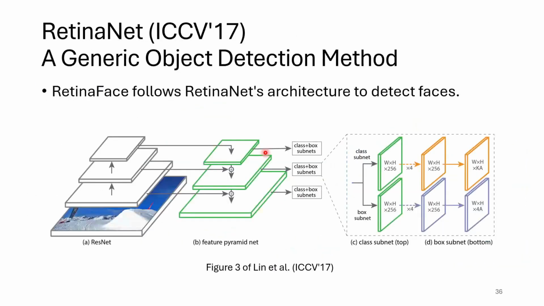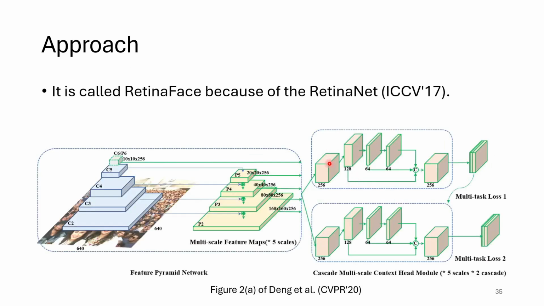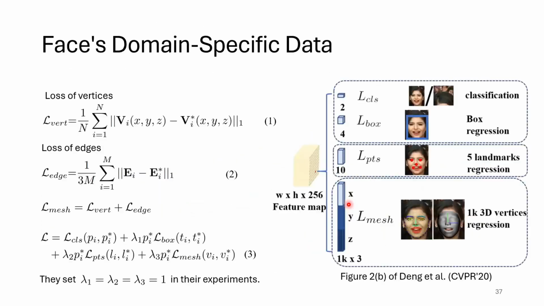This is RetinaNet, which is just a single pass. And cascade means that when they generate the image layers, they compute the loss for the first feature maps, and the feature map will be used in the second round. So this is called the cascade.